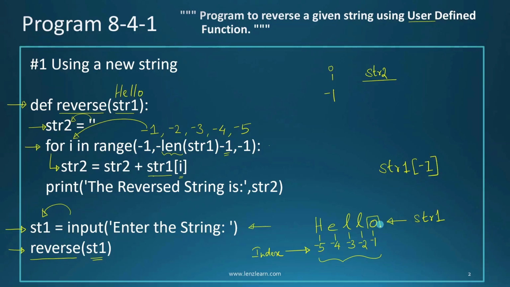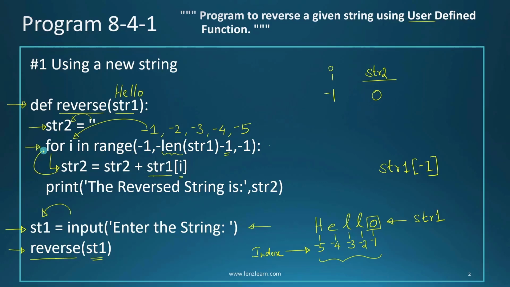That is this character O. Now O will be concatenated. When we use plus with two strings, it is the concatenation operation which adds two strings together. Right now str2 doesn't have anything in it, so I just add O to it and store the result in str2 itself. So now str2 has O.